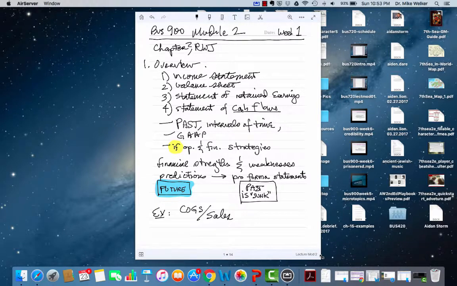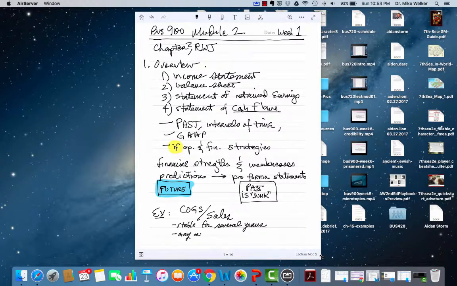Say that's been stable over the past few years. So maybe that's a reasonable starting point, and we'll assume that this particular ratio might stay stable over the next couple of years too.